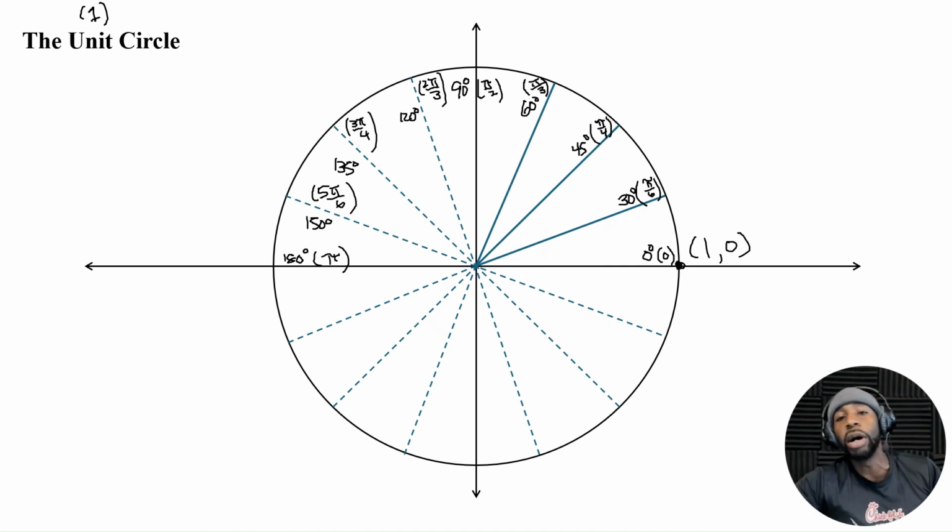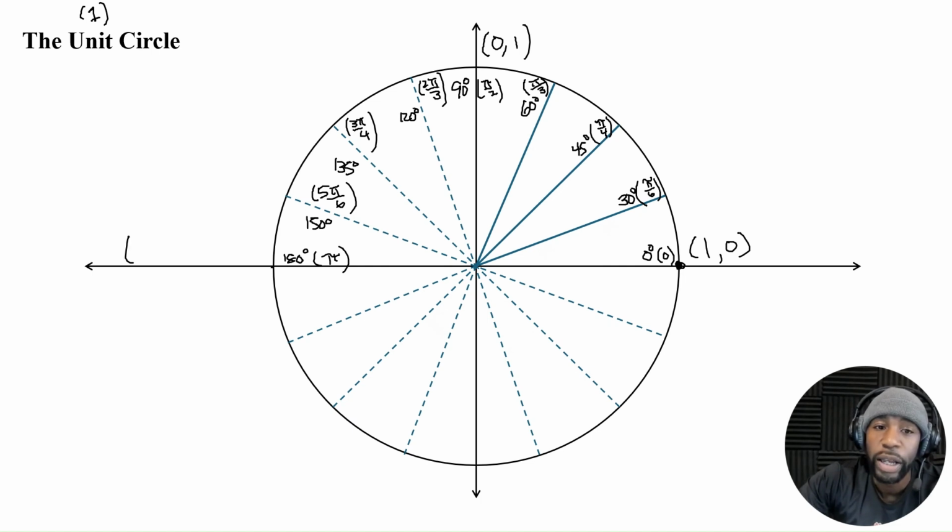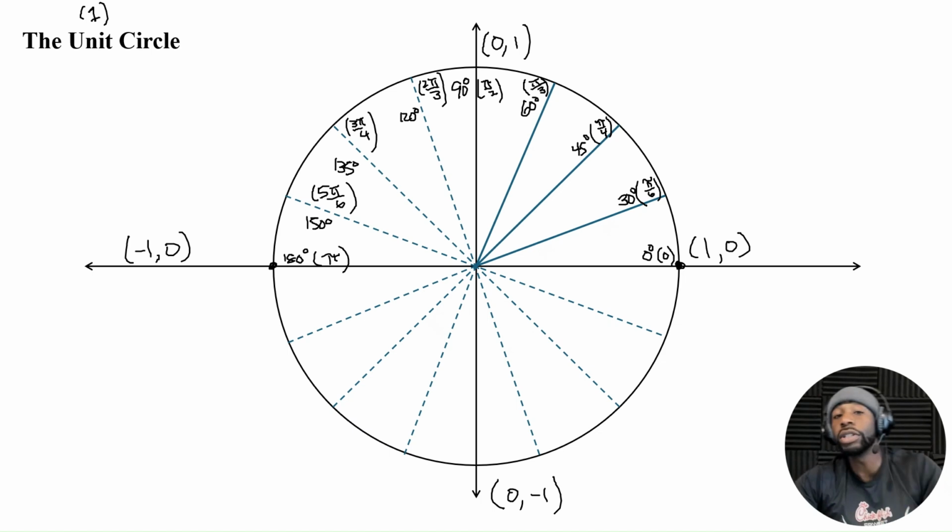Now let's come up here to the top. The coordinates here, because we're on the y-axis, are x is 0 and y is 1. What about over here? The x value is -1, the y value is 0, and then, yep, you guessed it, here the x value is 0 again, but the y value is -1. Those are very easy.